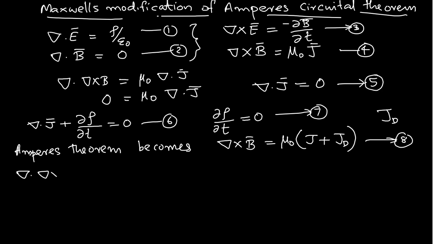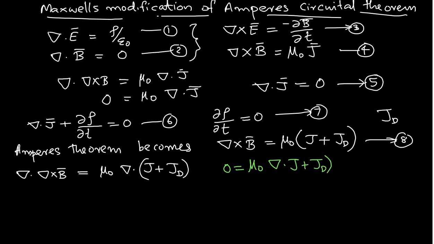Del dot del cross B equal to mu 0 into del dot of J plus JD, or 0 is equal to mu 0 del dot J plus JD, since the divergence of curl of a vector is equal to 0.